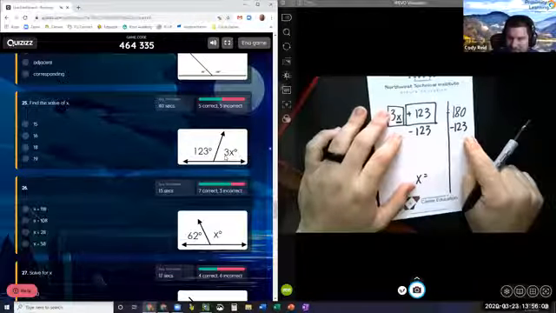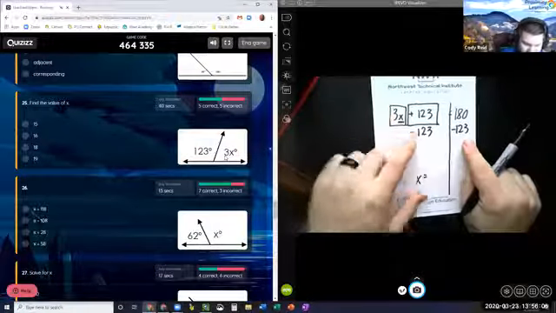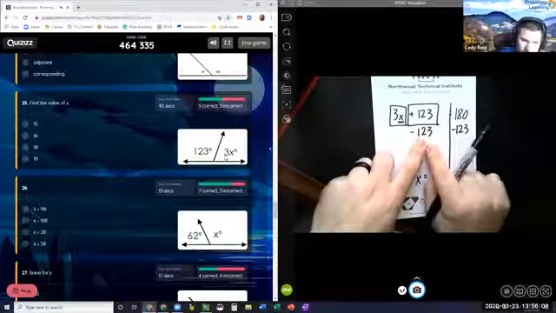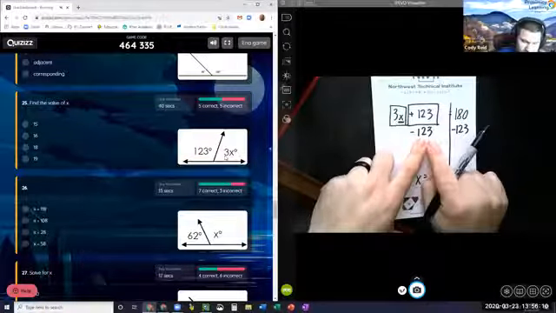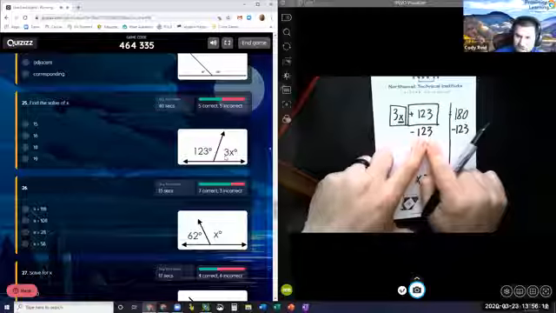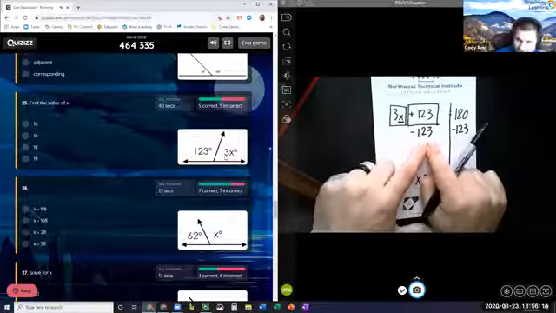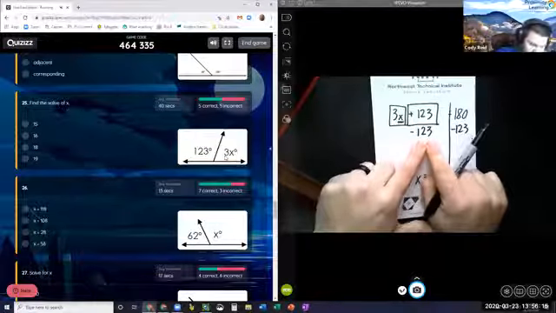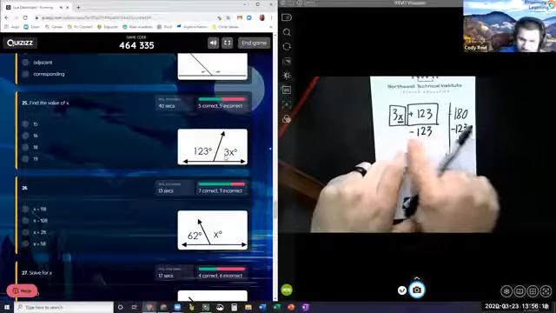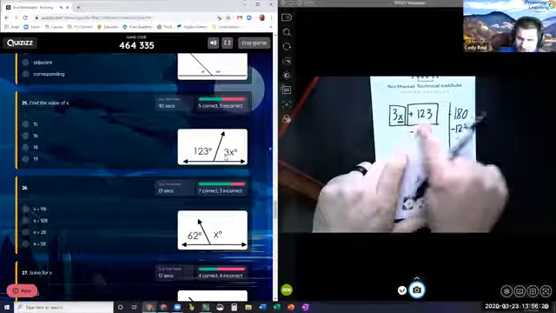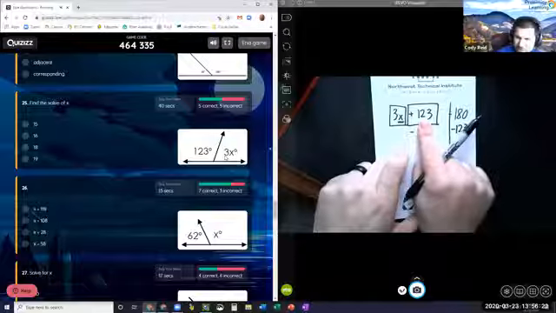It's like in science. There's a law stating that for every action there's an opposite and equal reaction. So here's our action, plus 123.